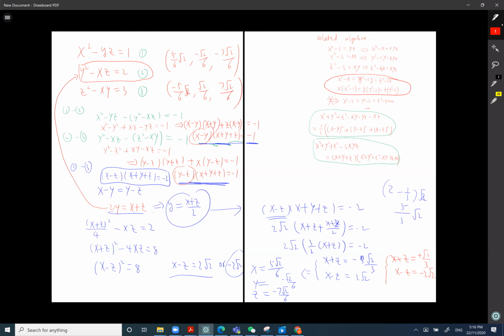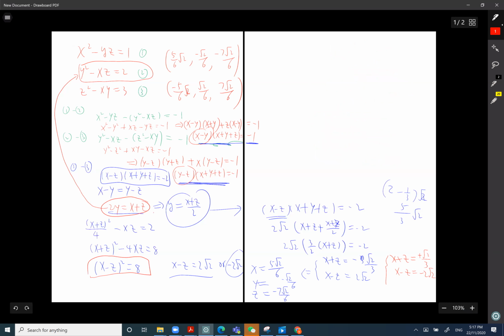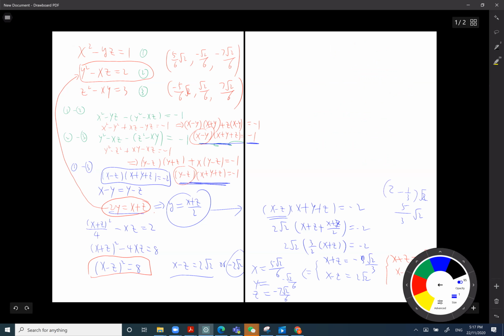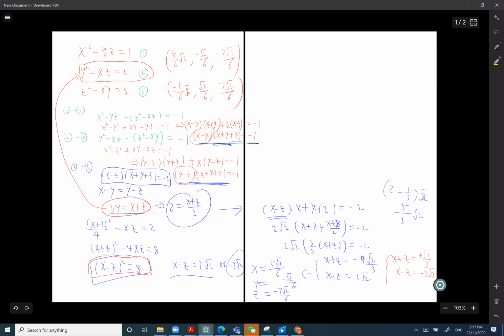When we try to find the relation and substitute into the second equation, we got a very tidy answer. Very tidy answer. So let's change the question. If the question changed, you cannot have that square thing. What happened? Okay.